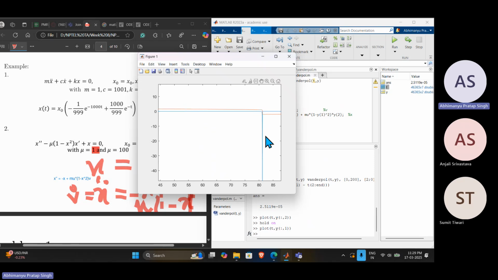So you need to see your problem, what sort of time scales you have, how fast the transients are changing, and then based on that you need to choose a solver. Do I need to use ODE45 or do I need to use ODE15s? Sometimes ODE45 will give you much more accurate results because it is using a smaller time stepping, but it will take a lot of time.